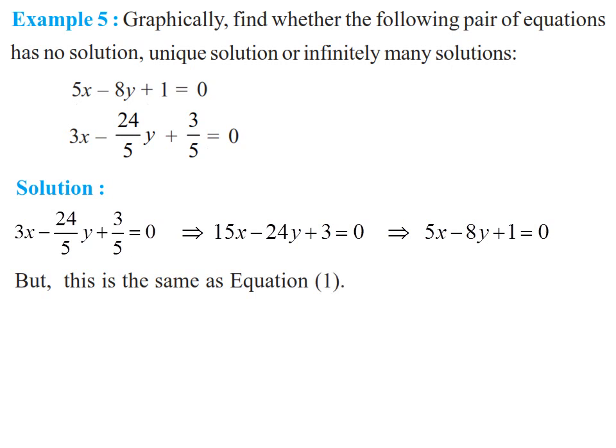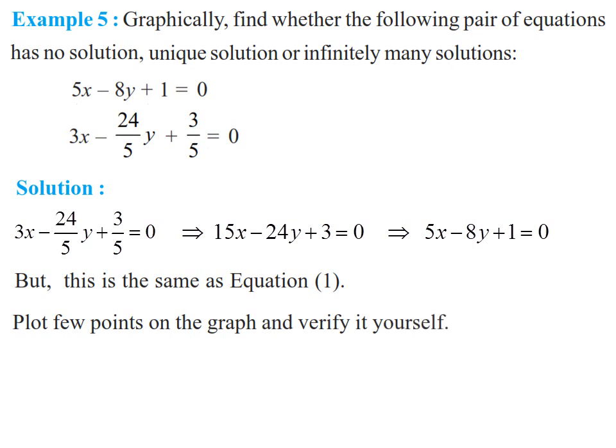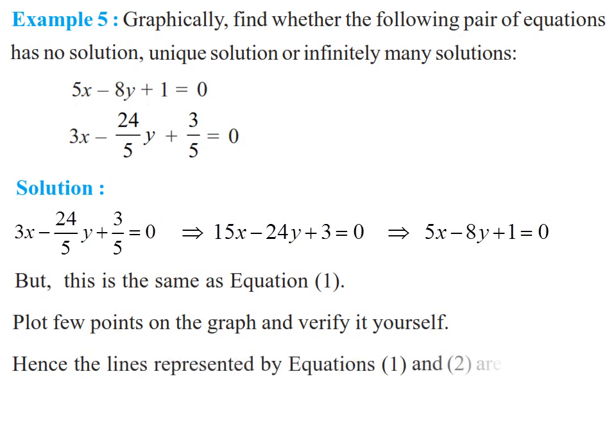So now you have to plot the graph. In this question you have to draw the graph by yourself. You know how to make a graph, we have already learned it in a previous video. You will graph and verify it yourself that the lines represented by equation number 1 and 2 are coincident lines because they overlap each other.